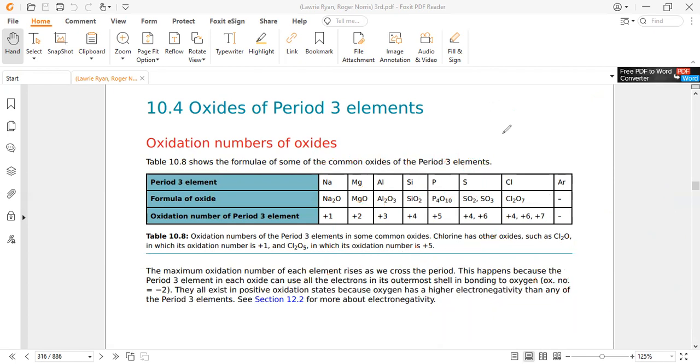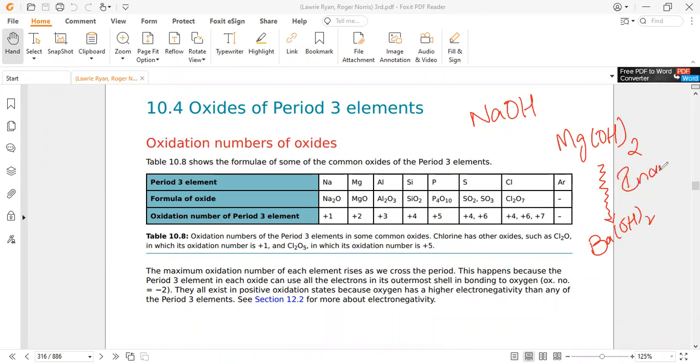The solubility trend: group 1 hydroxides are always more soluble than group 2 hydroxides in the same period. Within group 2, which will be discussed later, I'll just go through it quickly: group 2 hydroxide solubility increases down the group.